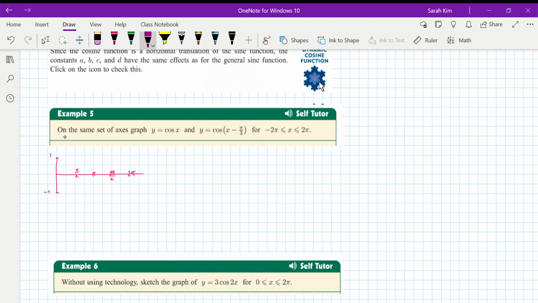And then I start at a maximum. Sorry, I didn't see this range, so I actually have to draw a little bit further. I'm going to have to redraw this. We actually want minus 2 pi to 2 pi.